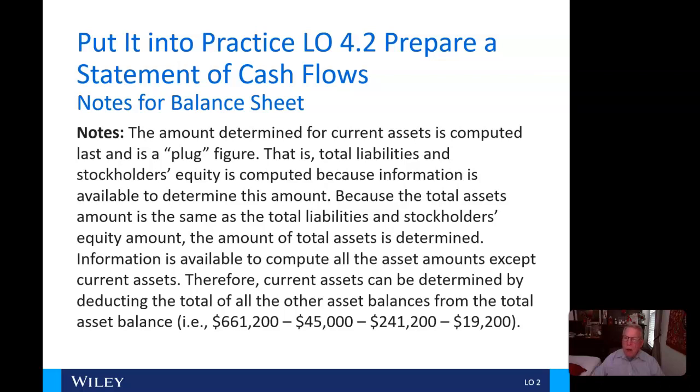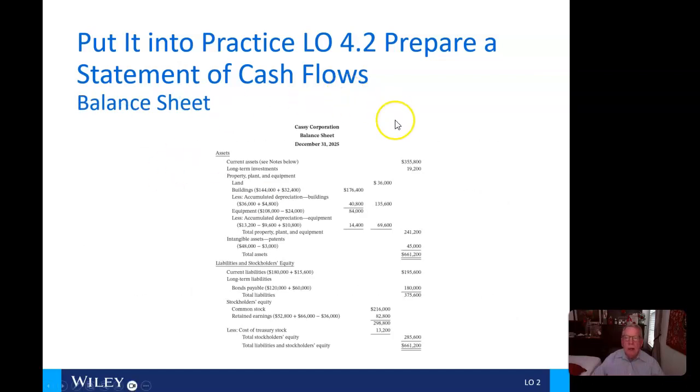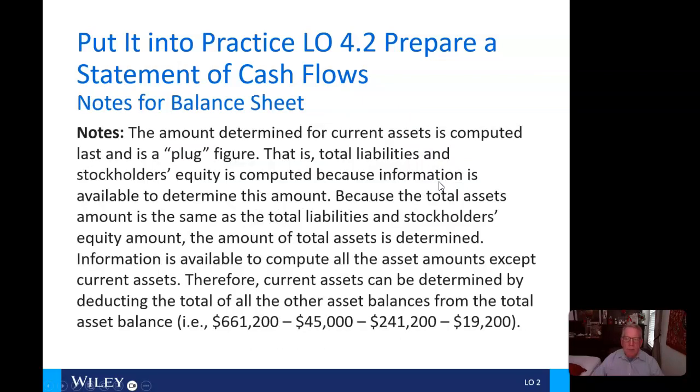Because the total assets amount is the same as the total liabilities and stockholders' equity, of course, the amount of total assets is determined, and therefore information is available to compute all the asset amounts except current assets. Therefore, we can determine that simply by deducting all the other asset accounts from the total to get to current assets, which we have here.